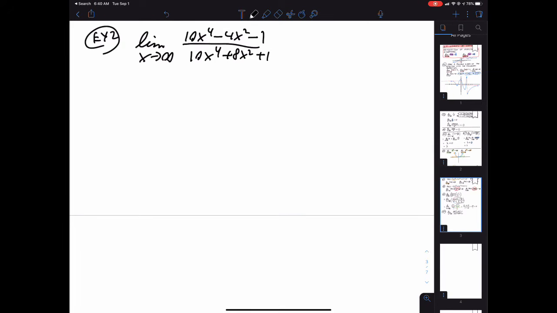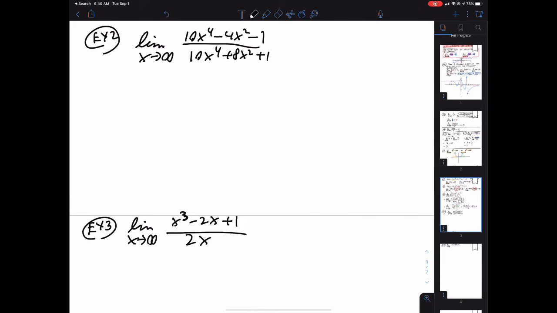And then the third example, you could either work one at a time or work both of these first. It might be better one at a time, but I'll just give it to you. The third example is going to be this one, x cubed minus 2x plus 1 over 2x plus 4. I will work these out, so you can do one at a time or both. So give it a shot.